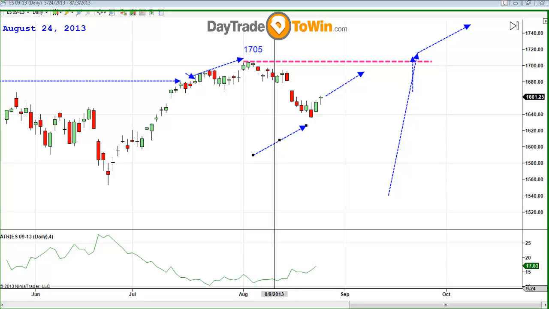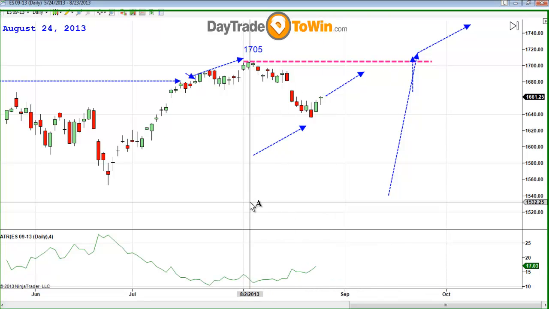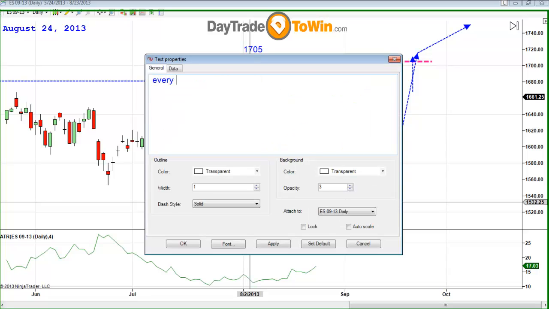On every year that has ended in a 5, going back to 1800, you have 1905, all the way to 2015. Every year that has ended in a 5 has been an up year. 100%.